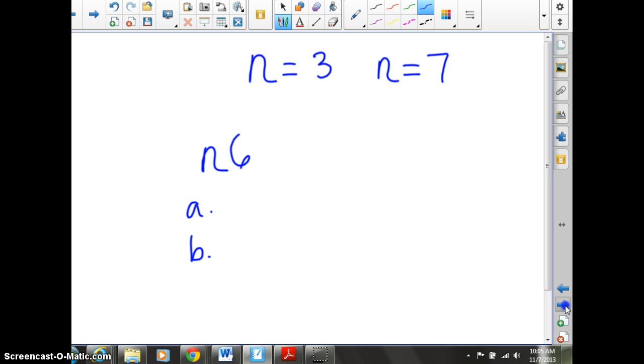The first time n is going to equal 3. The second time n will equal 7. So get those up there. Now the expression we have to solve for is n6. Another way to write that is 6n. When they're squeezed together like that, what operation does that mean? Multiplication, that's right.